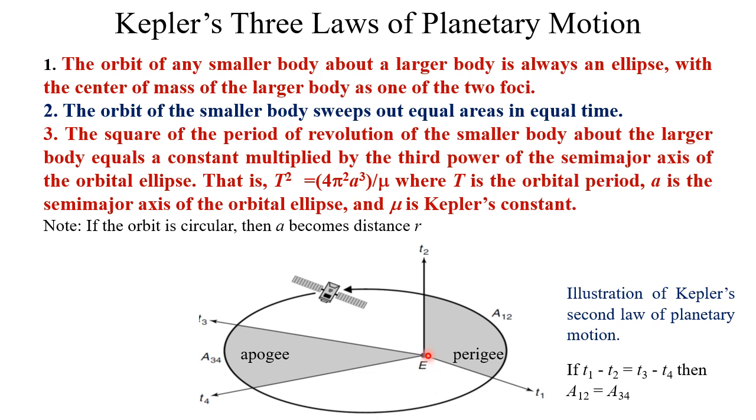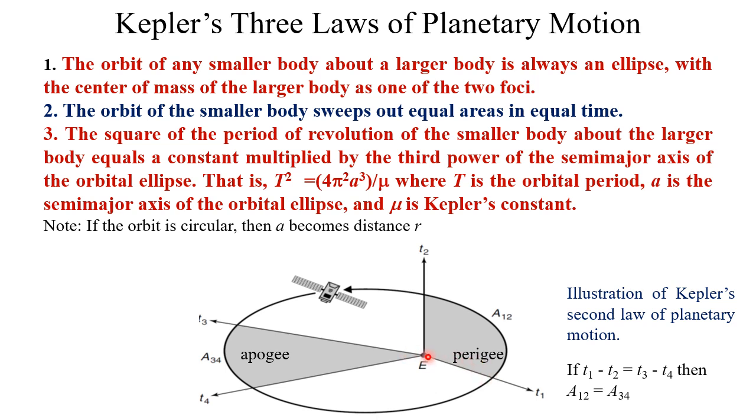Okay, now consider this particular law, that is the second law. It is saying that the smaller body sweeps out equal areas in equal time, or in other words, the areal velocity is constant, right? What happens?